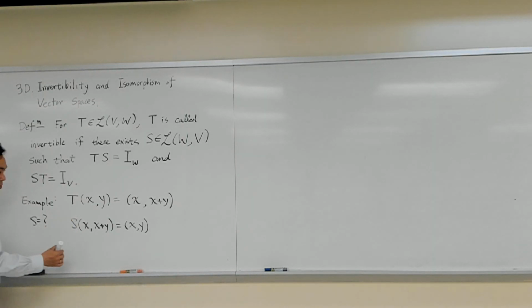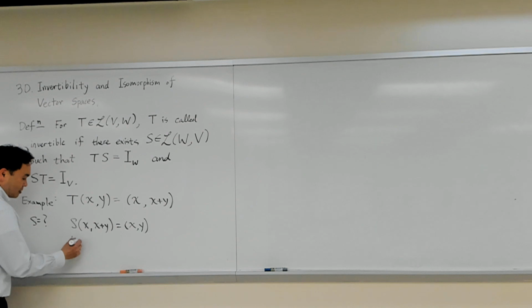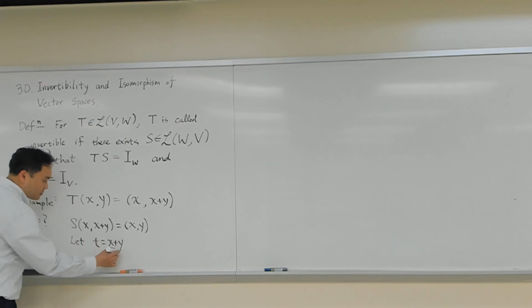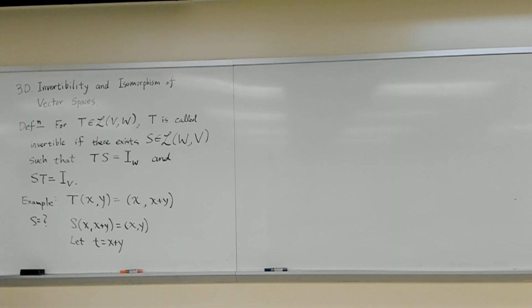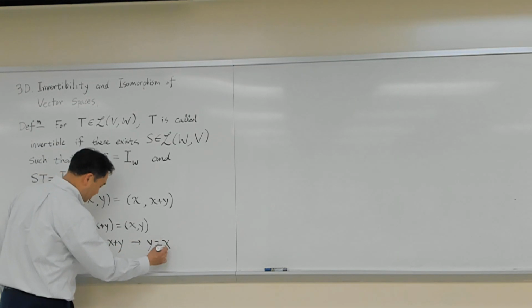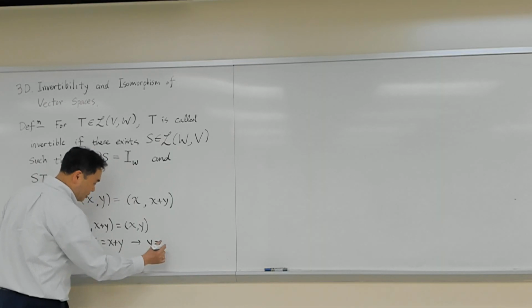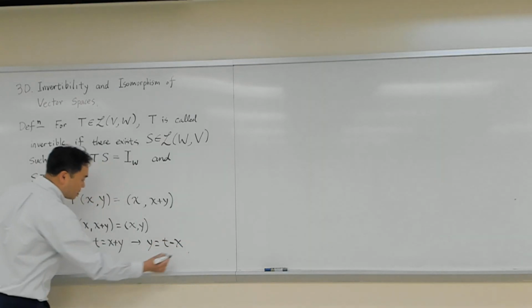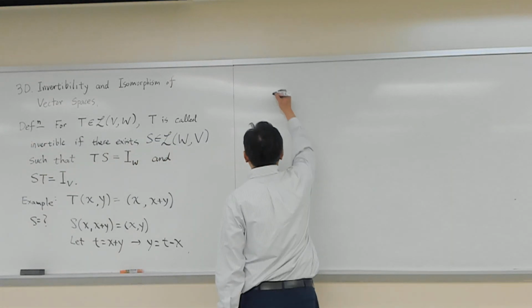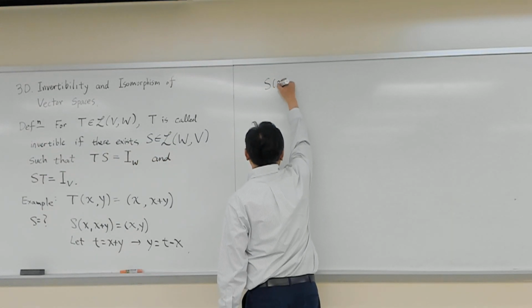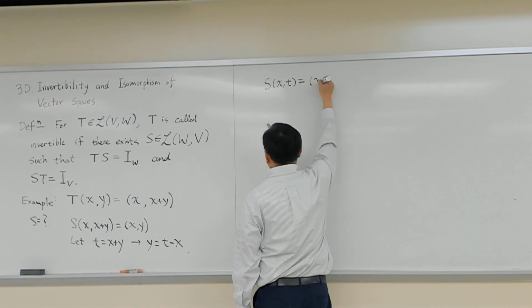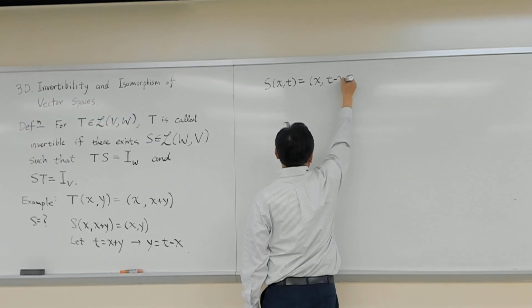So now let t be x plus y, so that y is equal to t minus x, right? Let's see what that does. That will make S of (x, t) equal to (x, t minus x).